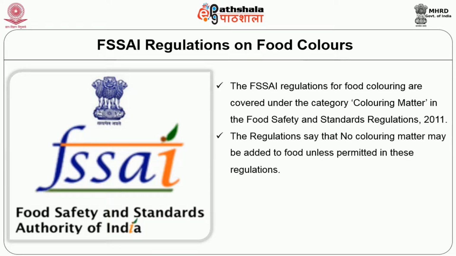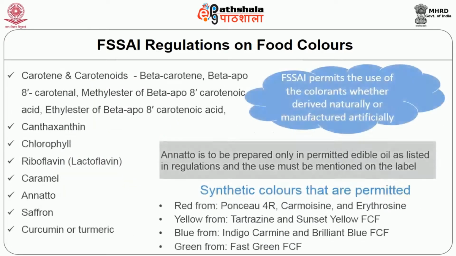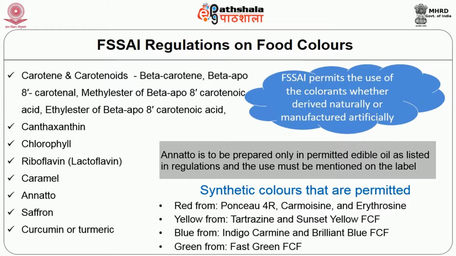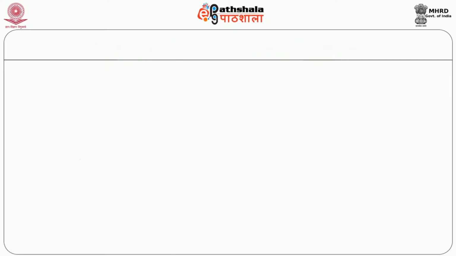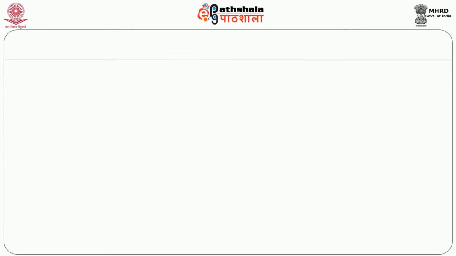The regulations say that no coloring matter may be added to food unless permitted in these regulations. When used in the preparation of any article of food, it shall be pure and free from any harmful impurities. FSSAI permits the use of the colorants as shown here, whether derived naturally or manufactured artificially. And this slide shows the food products in which FSSAI permits colors as additives.